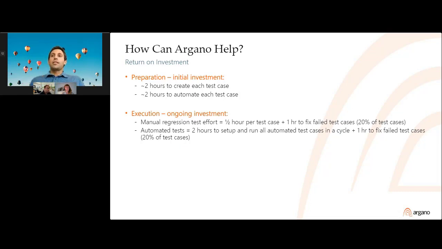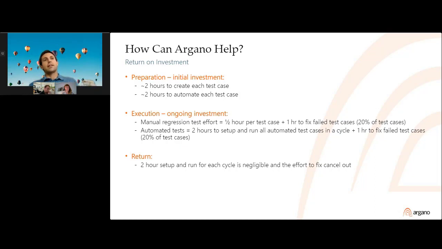And so we've incorporated some factors around managing where things don't go swimmingly. But what we're going to see at the end of the day is that the 2 hours to set up and execute all of the automated test cases in this cycle, as well as the 1 hour to fix failed test cases for 20% of cases, the first one being negligible and the last two somewhat canceling each other out.